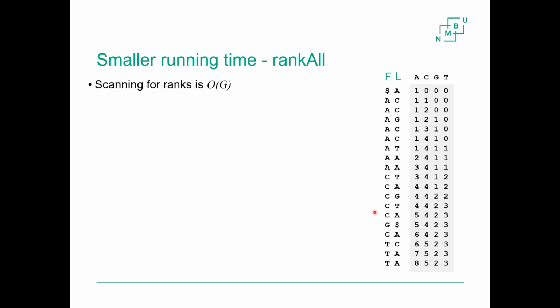This depends on the symbols, of course, but if you double the size of the genome, you will also pretty much double the size of these sections. So as long as you have to scan through a whole section like this, it's still running time big O of capital G. It still grows linearly.